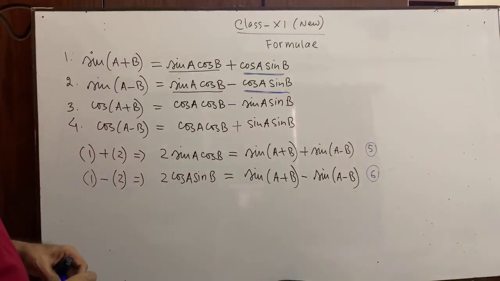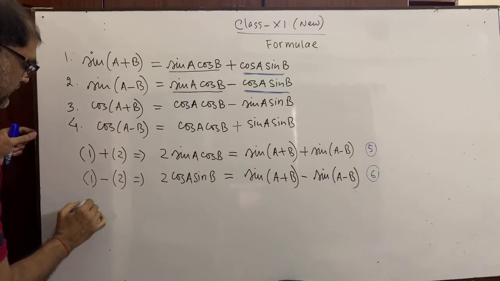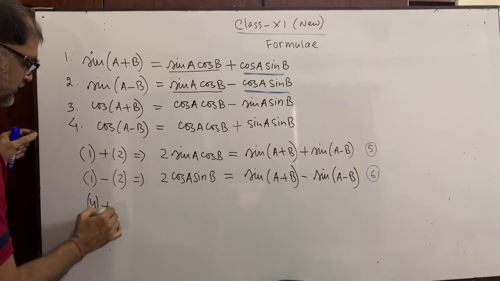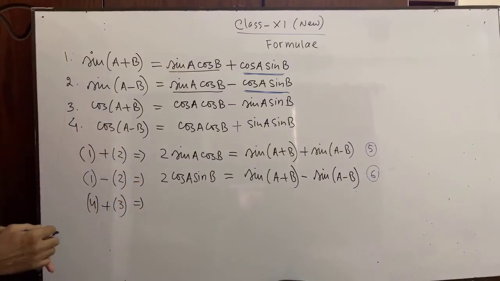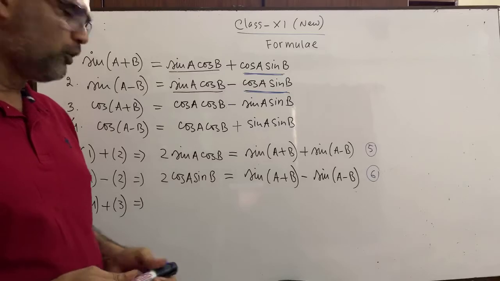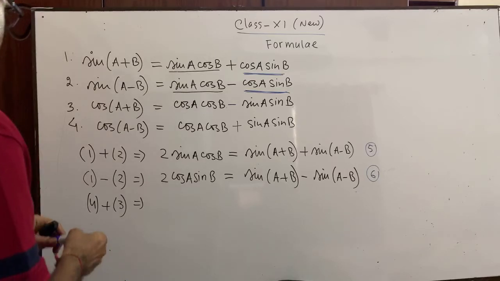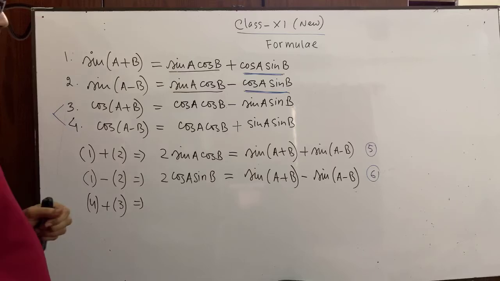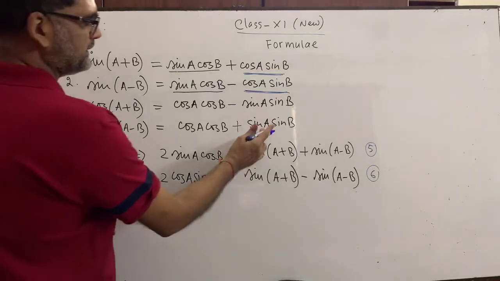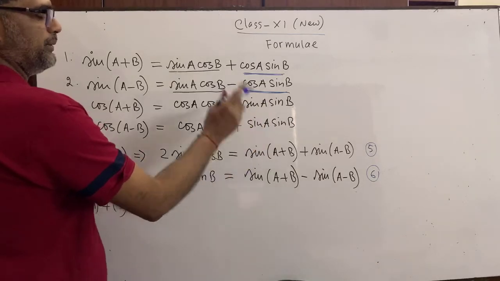Now we will add 4 and 3. 4 plus 3 equals to what? Pay attention. This is 3 and this is 4. Very easy and simple. These and these are equal and opposite, so those two will be omitted.